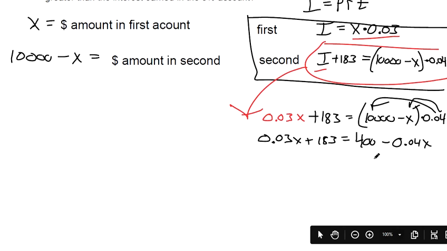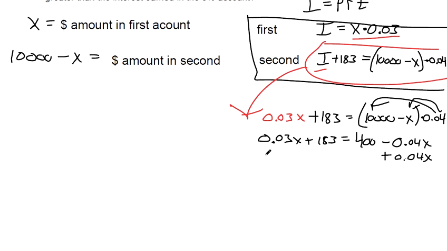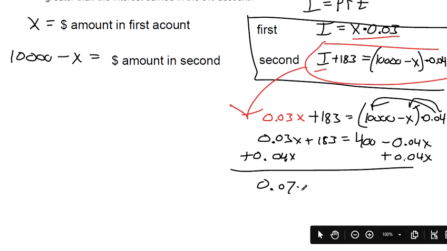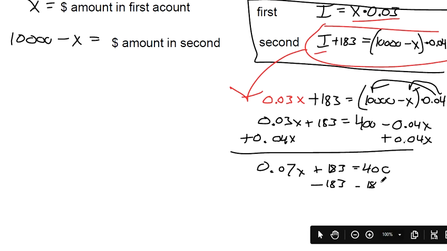And then we're trying to get X by itself, so it's on both sides of the equal sign. Let's add 0.04x. So it gives us 0.07x plus 183 equals 400. We can subtract 183 from both sides.